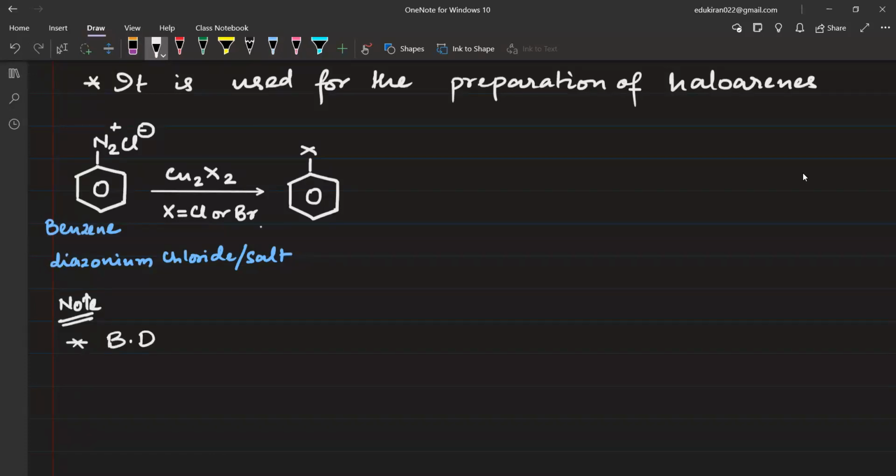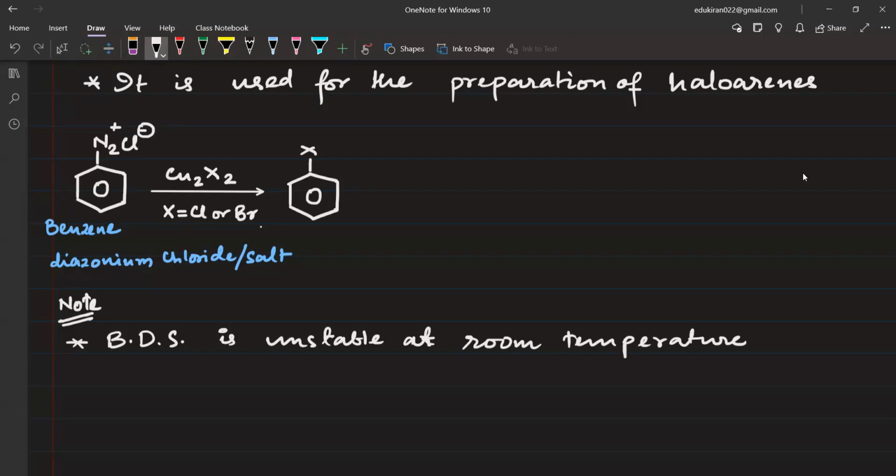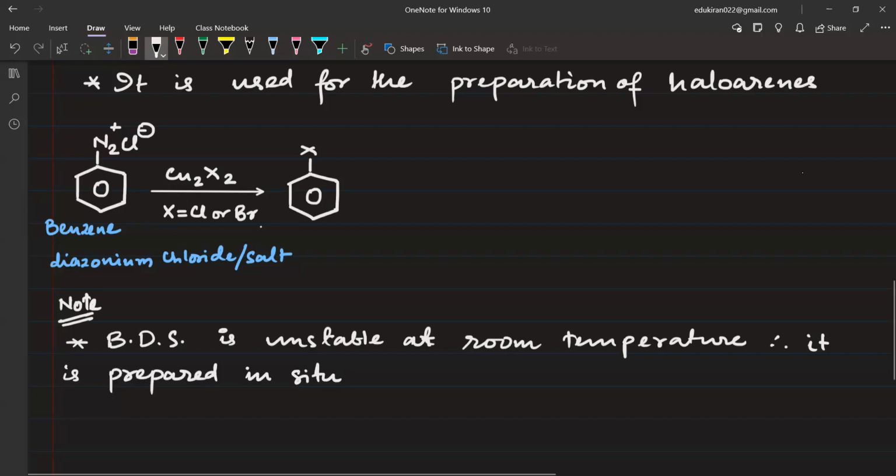BDS is unstable at room temperature. Therefore, it is prepared in situ. In situ means in between a reaction.